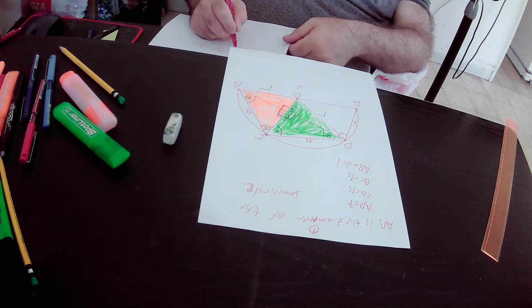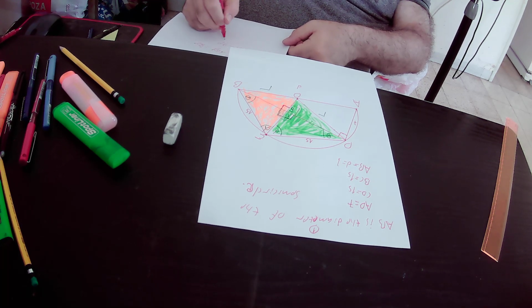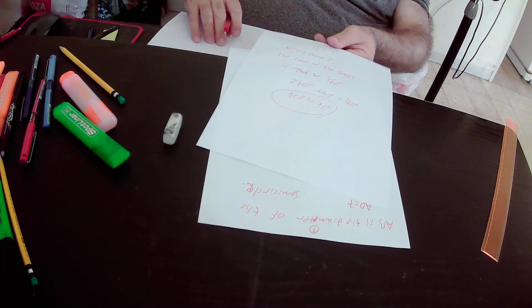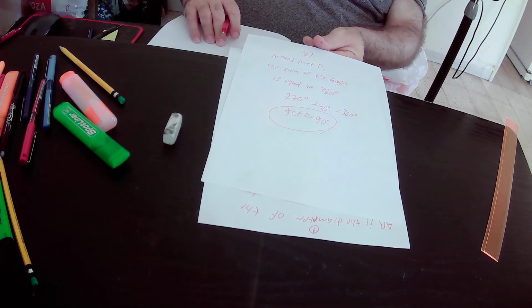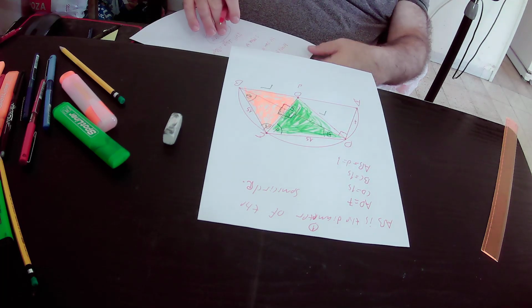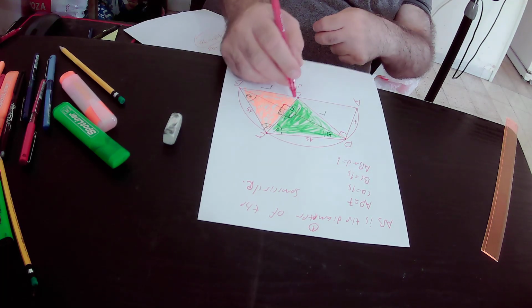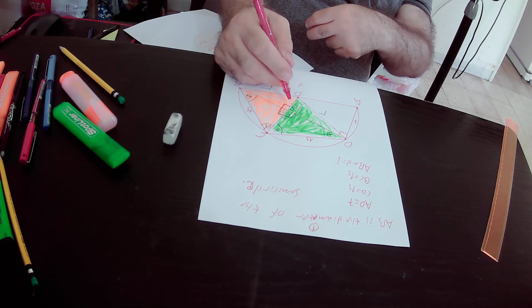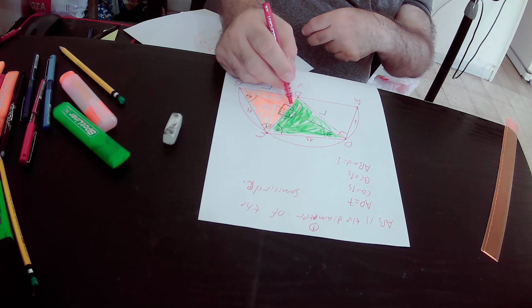We actually found out that all four angles around point E are right angles, all equal to 90 degrees.